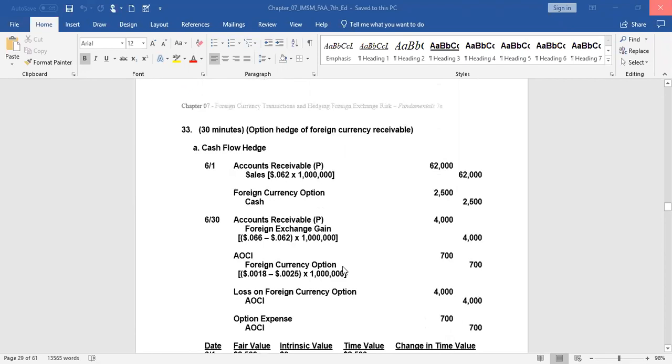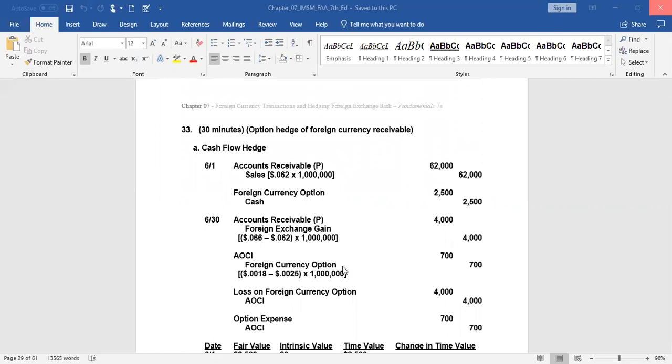Now, in this problem, June 1st, Alexander Corporation sold goods to a foreign customer. So we are the seller. We're going to sell to this customer on account. So that means we're going to have an asset that could be at risk of not being fully collected due to foreign currency change.